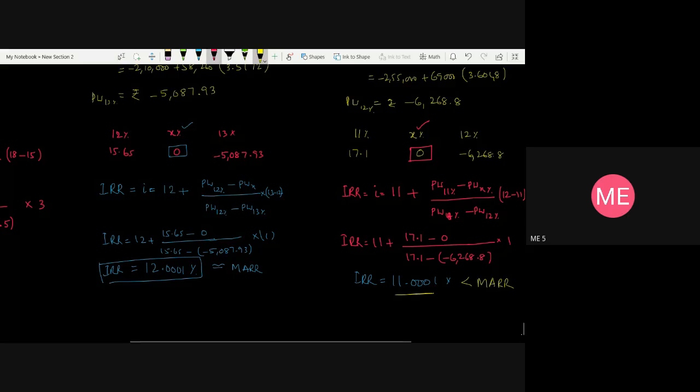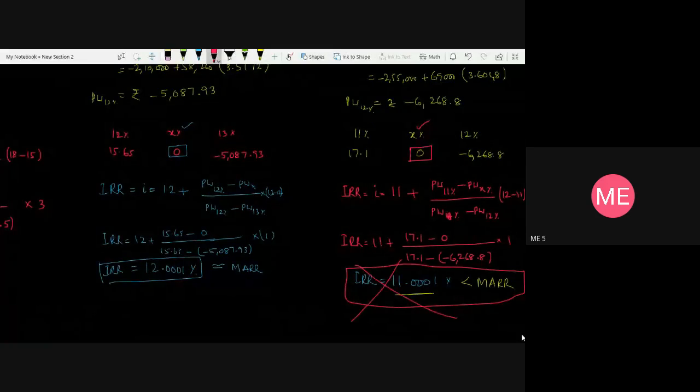So straight away I can cancel out this alternative. This cannot be acceptable, because it is less than the value of the minimum attractive rate of return, which is 12%. It is falling below the 12%. So without any comparison, I can cancel out alternative 3.